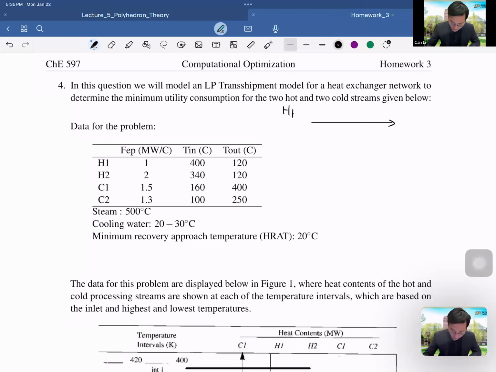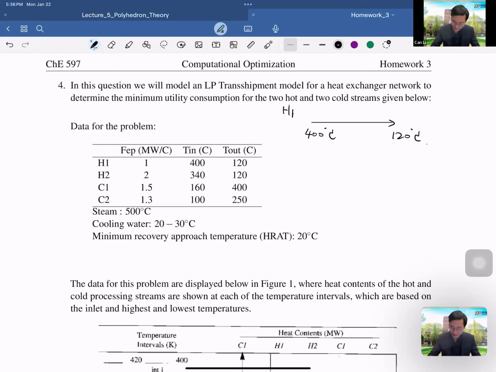You want to cool down H1 from 400 degrees C to 120 degrees C. Of course, if you want to reduce the temperature of a stream, one of the options in a chemical plant is to use some cooling water to cool down the hot stream.